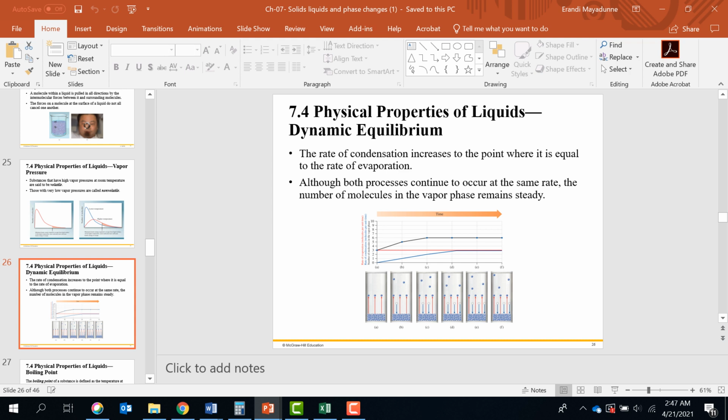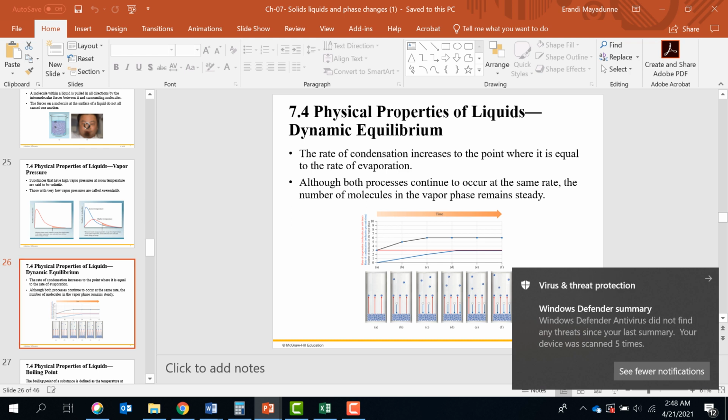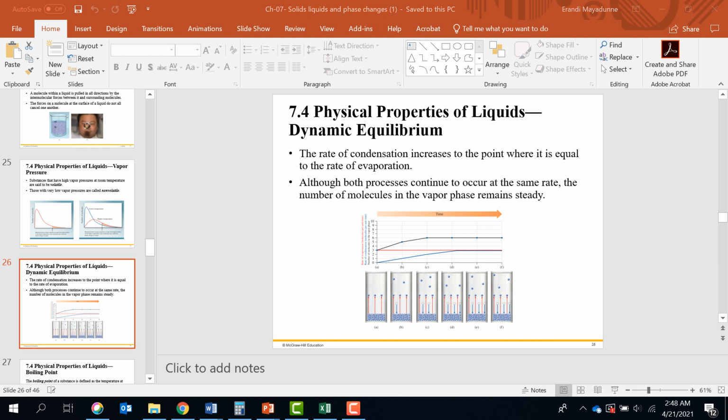Then the liquid. We talk about vapor pressure. Vapor pressure is when there's a liquid and then the gas phase, and usually we call it an equilibrium. Think about a water bottle that you close with the lid, with half of it filled with water. Slowly the water starts evaporating from the liquid into the vapor phase.